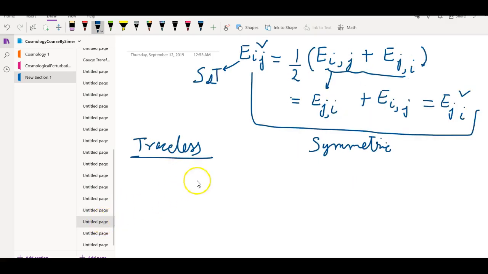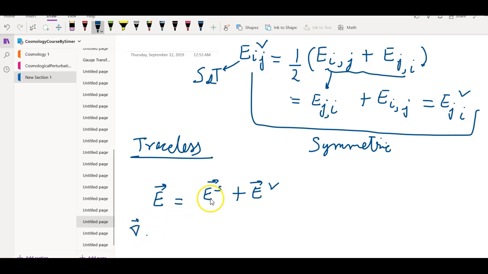So what does that mean? That means this E_i vector, if I were to write this as vector E, should not give me a scalar part. If I were to decompose it into E scalar plus E vector, and then I take divergence.